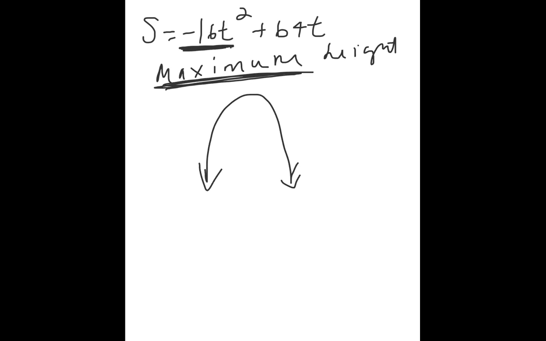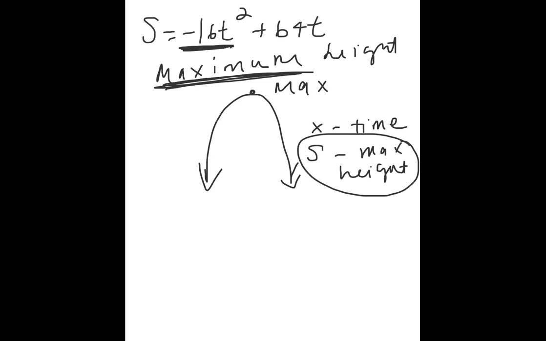And you know the max or the min occurs at the vertex. And because the graph is opening downwards, it's going to have a max value. Now, t would represent the time it takes to get to the maximum value. And then s would represent the maximum height, guys. And that is what we're looking for, s, the maximum height.